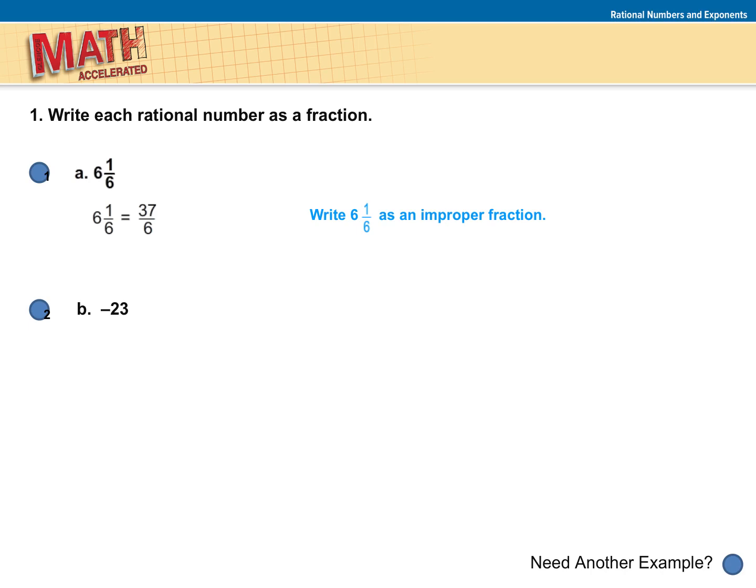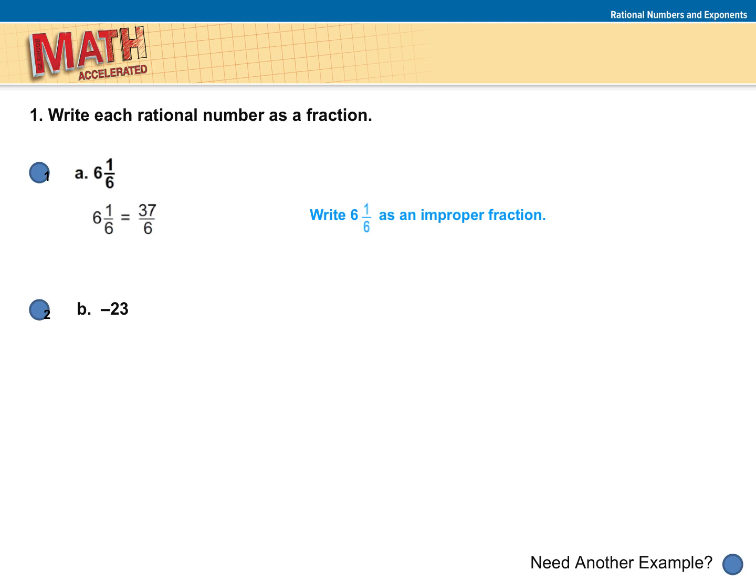So here you have seen this before, writing each rational number as a fraction. Let's go through it. We have a whole number with a fraction. We want to turn it into one fraction. So listen up. We start at the bottom, start on the denominator with 6. Anybody know what our next step is? Multiply by 6. What's that? 36.